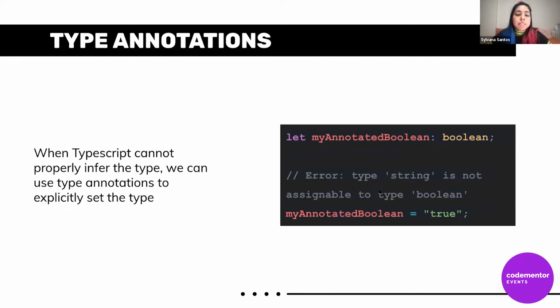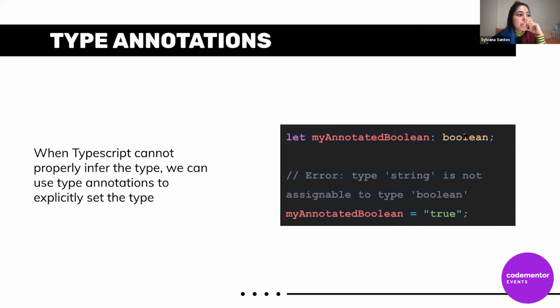Cool. But sometimes TypeScript does not have enough knowledge to accurately infer the type of our variable. So we have to help TypeScript out by providing it with type annotations. So let's see what that looks like. So one case where you might have to add a type annotation is if you're using let and you're not giving it an initial value, right? So for example, here I've created this variable called myAnnotatedBoolean, and I'm not giving it an initial value.